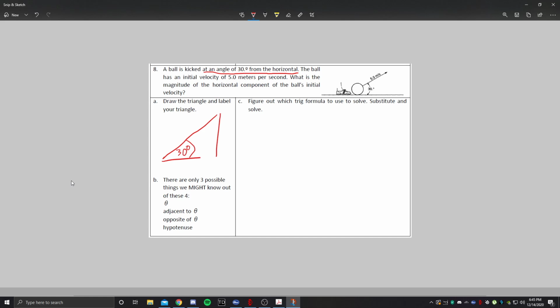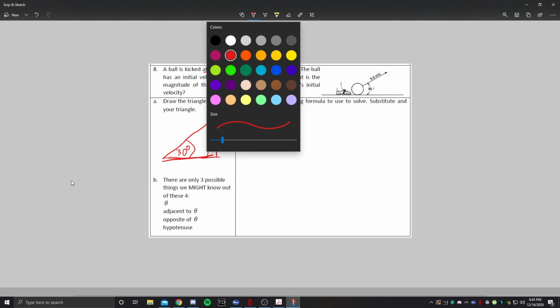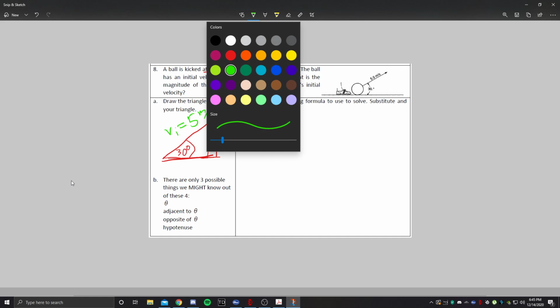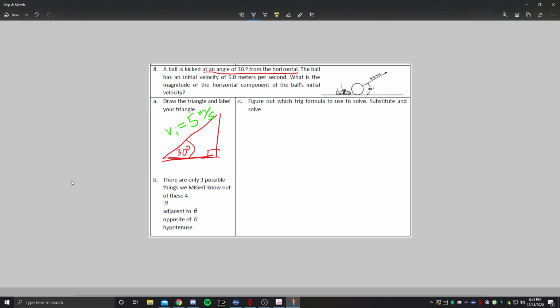The ball has an initial velocity of 5 meters per second. It doesn't really look like a right triangle, but believe me, it's a right triangle. What is the magnitude of the horizontal component? They want to know what Vx is.